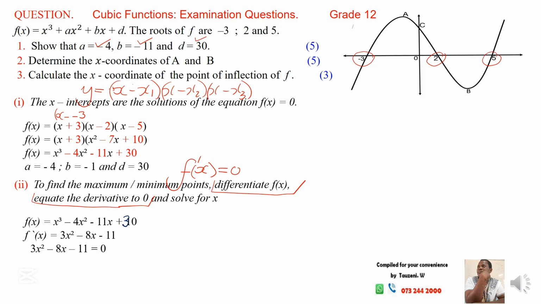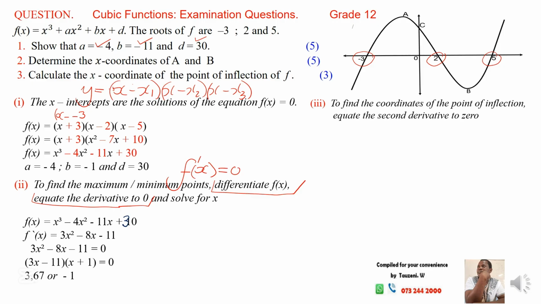After equating the derivative to 0, I solve for x. Now appreciate the importance of understanding quadratic equations, because this is a quadratic equation. So if I don't know how to solve quadratic equations, it will create unnecessary problems. Right, our question is answered because it is asking for the values of x, determine the x coordinates.